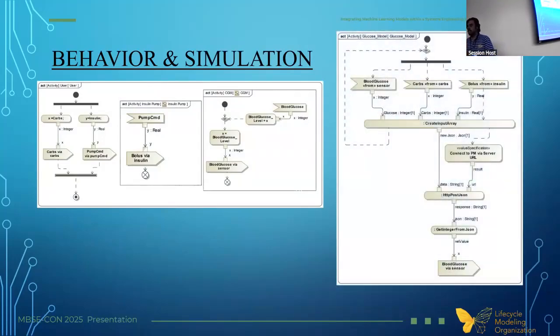This was the important one, creating the activity diagram for a glucose model. You can see 3 different values coming in as signals: your blood glucose values, your carbs, and your insulin. All of these 3 come together and create a 1:3 input array.